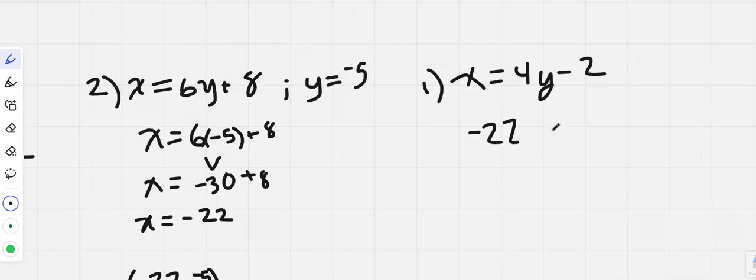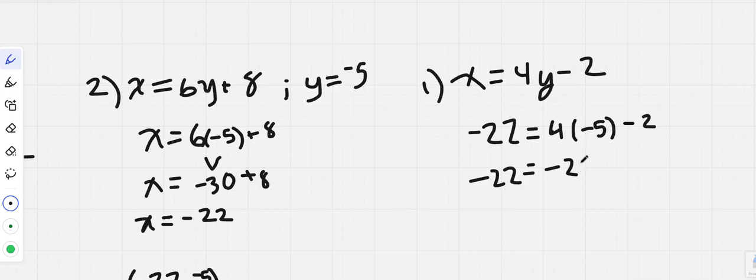So -22 equals 4 times -5, which is -20, minus 2.